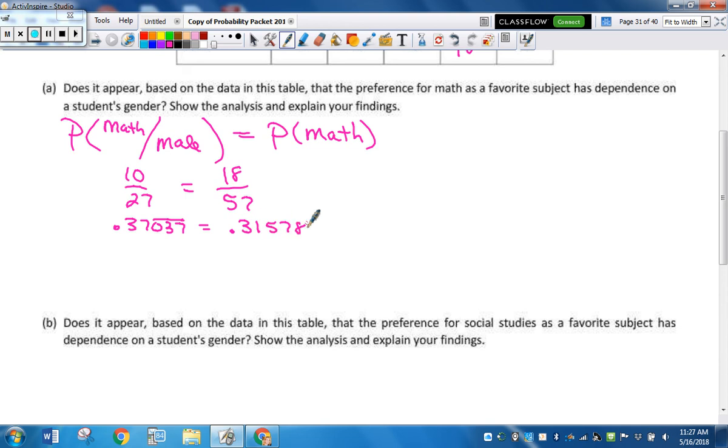Good enough. Independent or dependent? Independent. What does it require for them to be independent? Oh, dependent. They've got to be the same, right? Are these equal to each other? They're close, but they're not equal. Okay, so these are not equal. So these events are not independent. Or in other words, they are dependent.